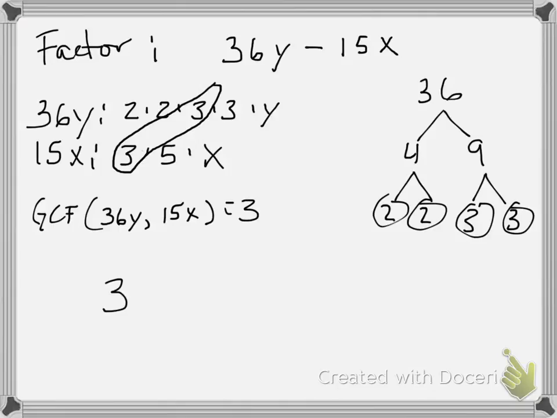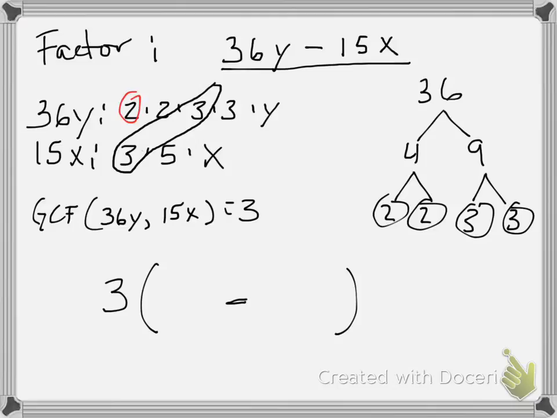So I'll set my 3 outside my parentheses. My original expression had a minus sign, so I'll have that in down here. And now, what are the factors that I have left for each of these? For 36y, I'll change colors so you can see that.